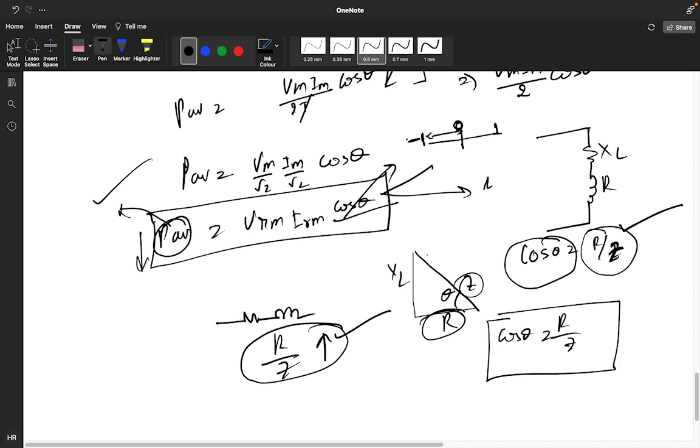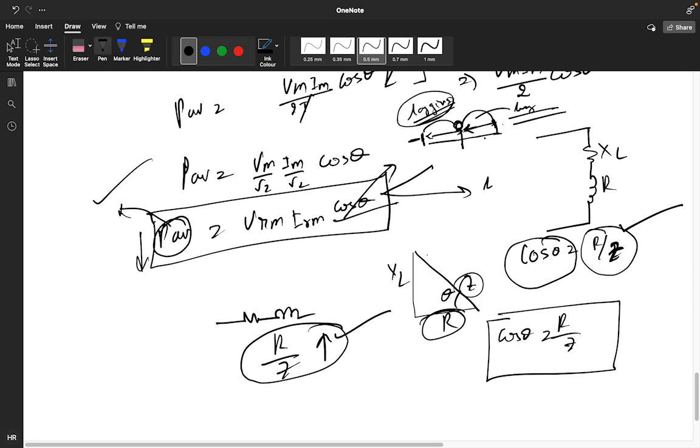If the value is between -1 and 0, this is known as lagging, and if it is between 0 and 1, this is known as a leading power factor.